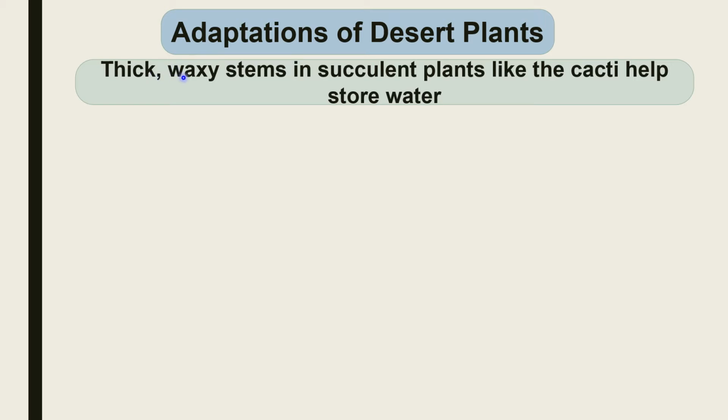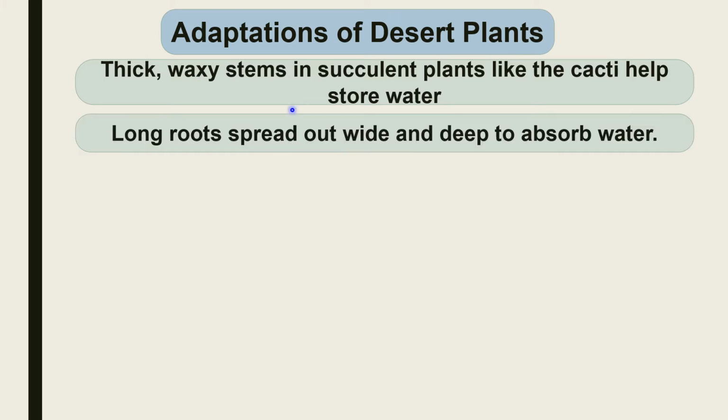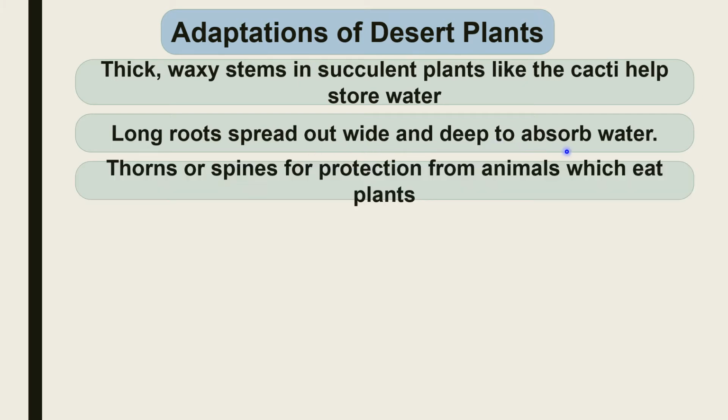First is thick waxy stems in succulent plants like the cacti that help store water. Next is long roots that spread out wide and deep to absorb water.